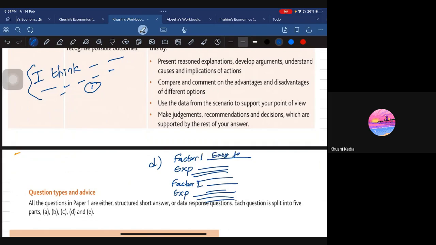Let's suppose you were writing an advantage and you wrote easy for business. He will say that the first point identified is vague, right? But it doesn't mean that he is done with you.